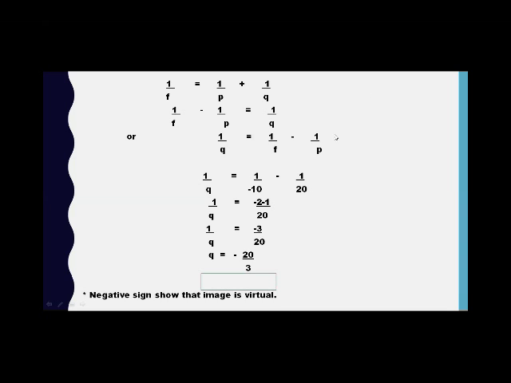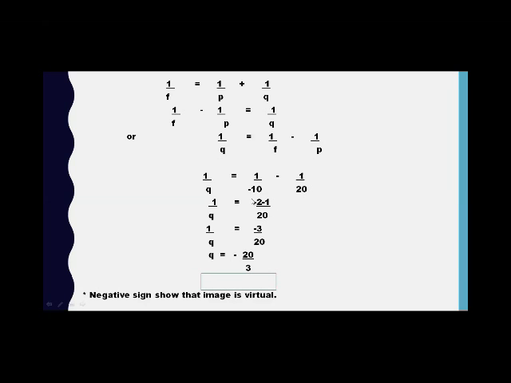Also, this minus sign will remain the same, and 1 over p means 1 over 20. Now why are we writing this f as negative? Because in the previous step we got the value of f as negative. After that, we will take the LCM of 10 and 20, then we get 20.